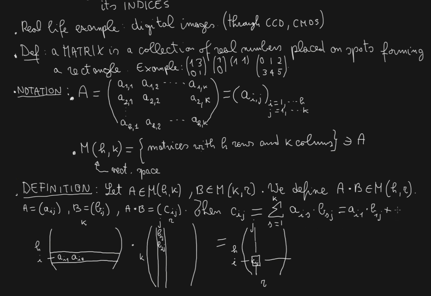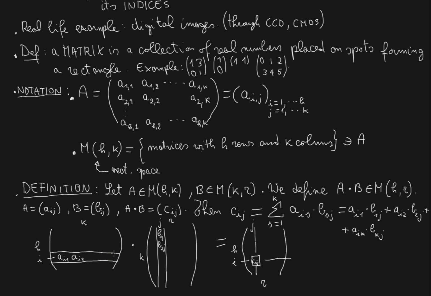We just multiply them together again: ai2 times b2j, and so on, until the last coefficient, for s equal to k, which will be aik times bkj.